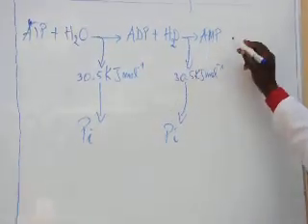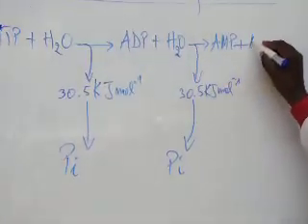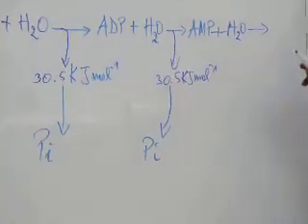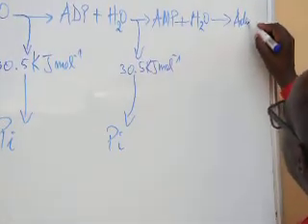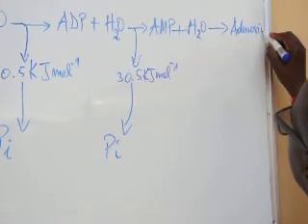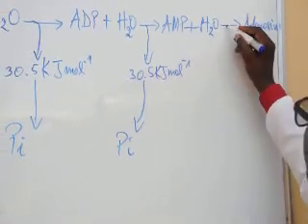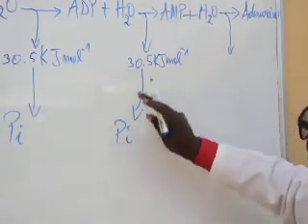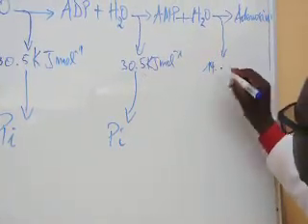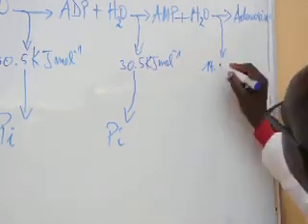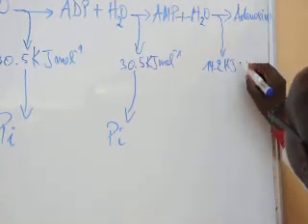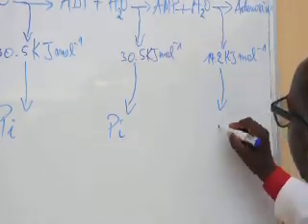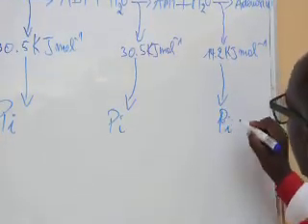To this one you can once again add a molecule of water, hydrolyze it, and we get adenosine. Here the energy is less than before, and there is a release of inorganic phosphate.